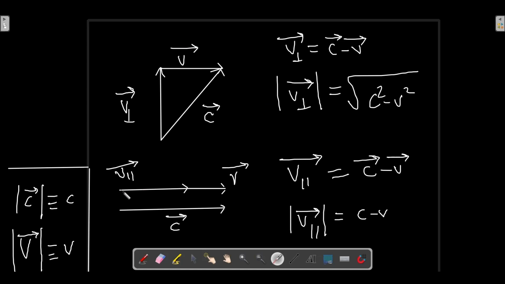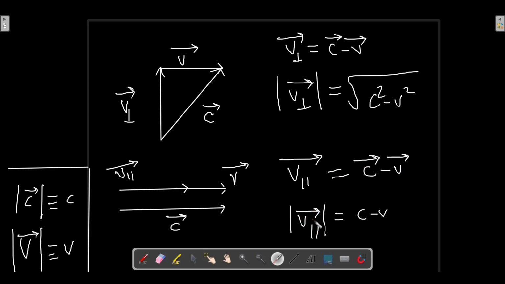In a similar fashion, we have the light signal which we had sent parallel to Earth's velocity in ether. V is the velocity of Earth in ether, and we have sent this signal in the parallel direction. This one was in the perpendicular direction and this is in the parallel direction. So V parallel will be equal to C vector minus V vector, as already learned in the previous lectures.